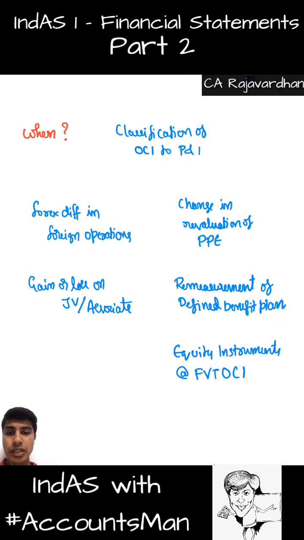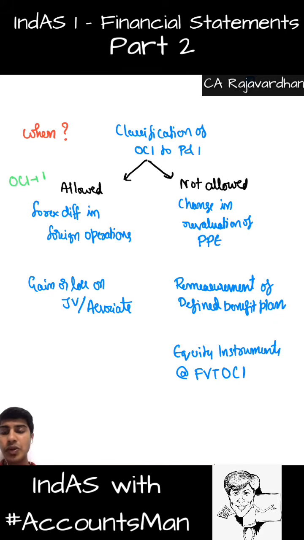There are two scenarios here. One is the scenario where such reclassification is allowed, then a scenario where such reclassification is not allowed. So here reclassification is allowed, here it is not allowed. You get that?